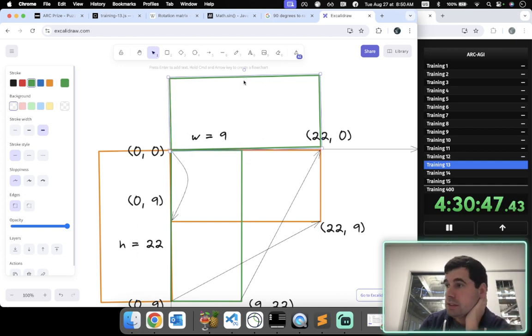Okay, so the angle is always going to be 0. So if I rotate 0, 0, it's always going to be 0, 0.